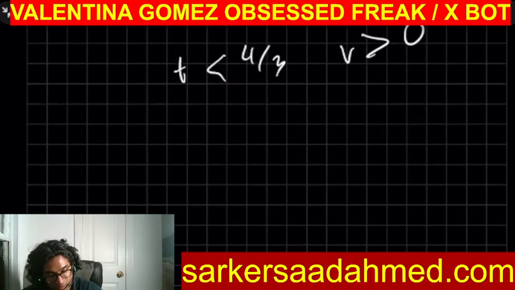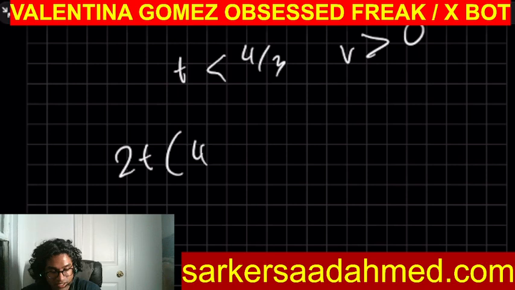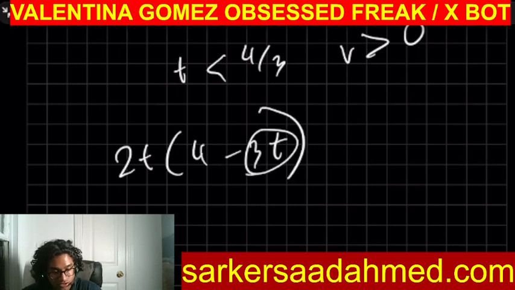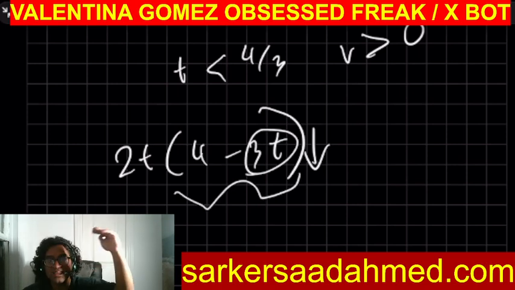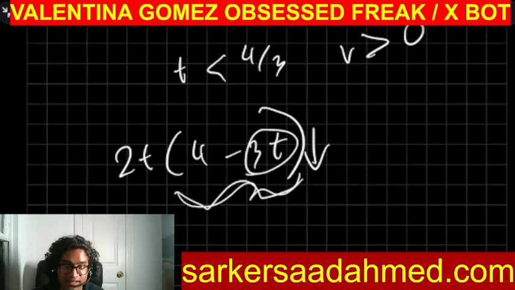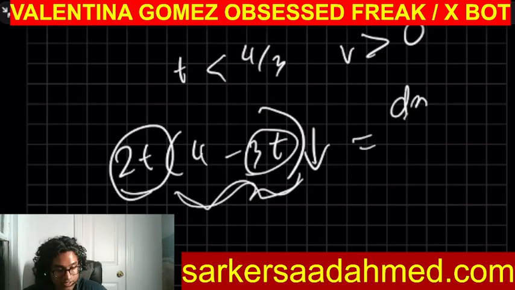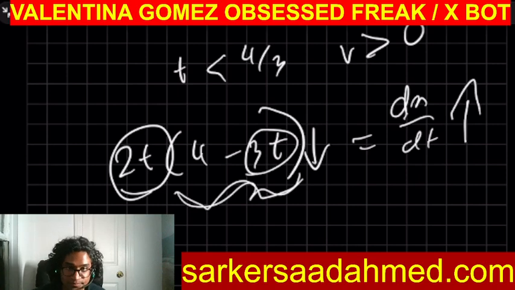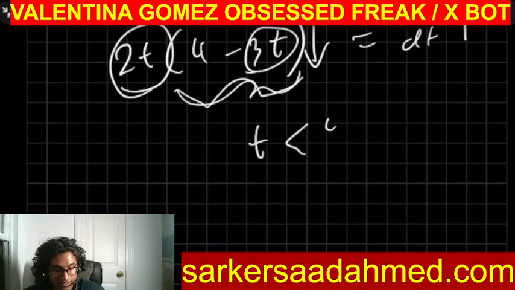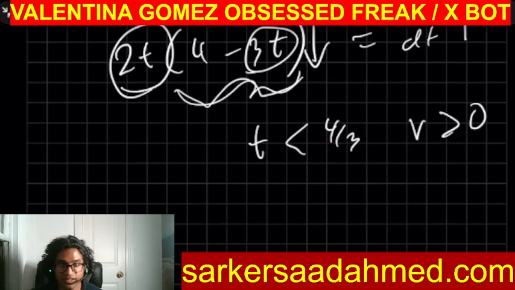So I'm just going to write the equation again: 2t(4 minus 3t). As you decrease t, this overall 4 minus 3t increases. And that increased value multiplied by 2t, the dx by dt, will go up. So as t is less than 4 by 3, v is greater than 0.